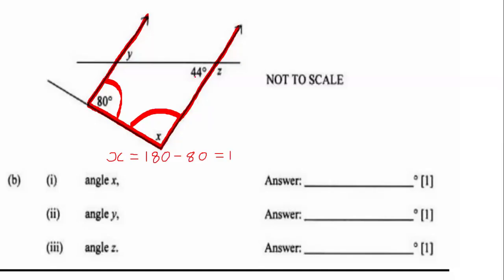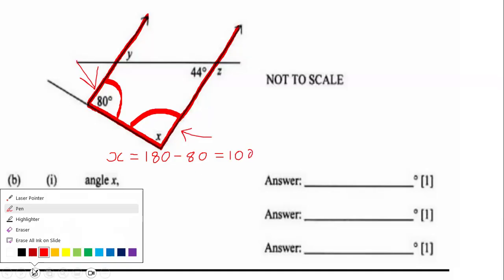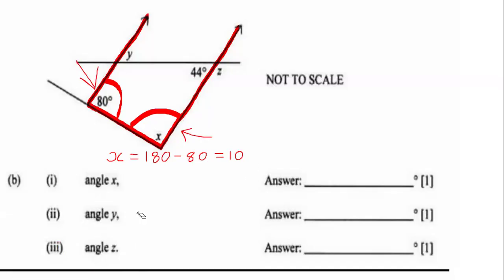We are not worrying about the 44. We're just concerned about this one and that one. So it's gonna be equal to 100. So this is 100.